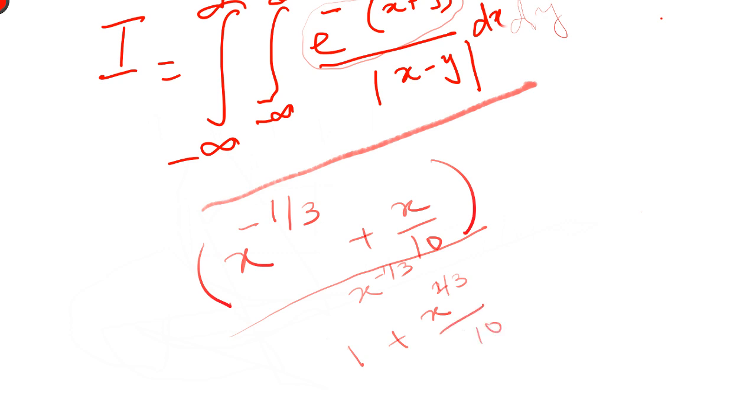So what this tells me is that a good choice of the probability distribution function will be something which has this form, x to the power minus 1/3. So that's why the correct answer is answer number 4.